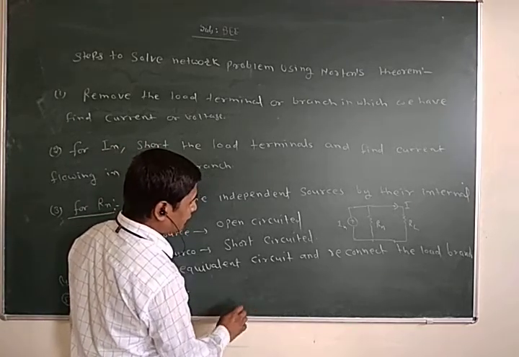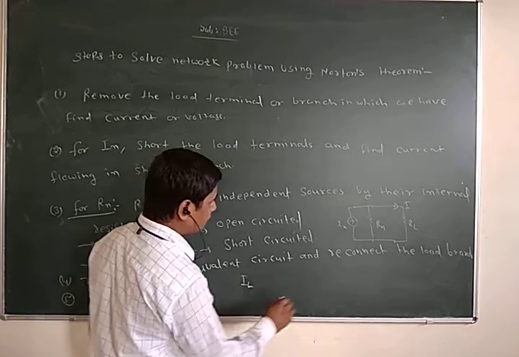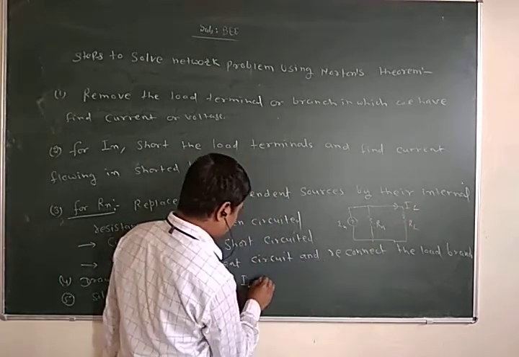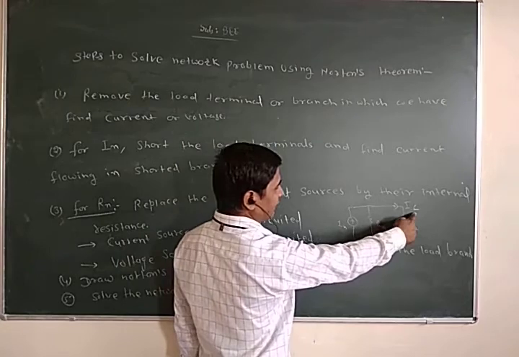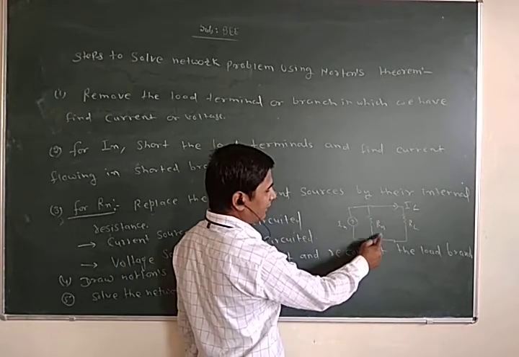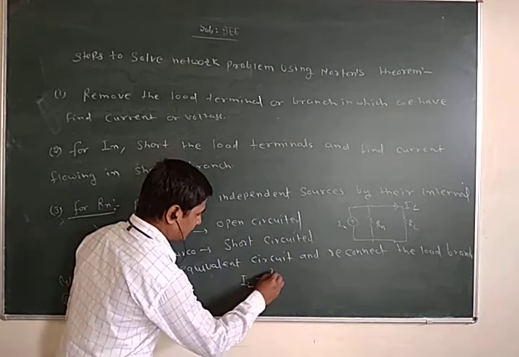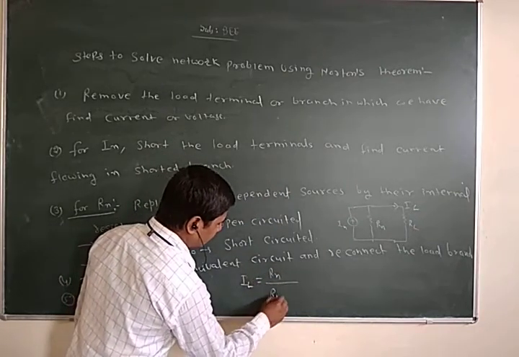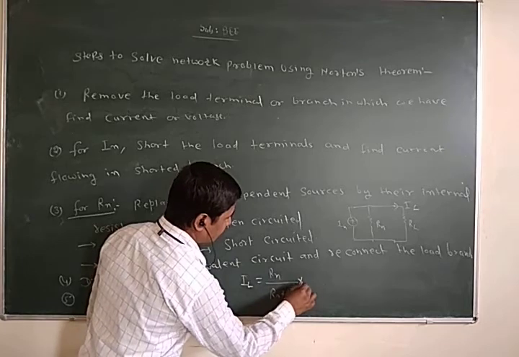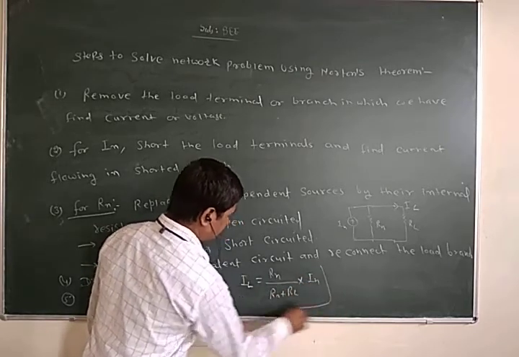Using the current division rule, IL is equal to RN divided by RN plus RL into IN.